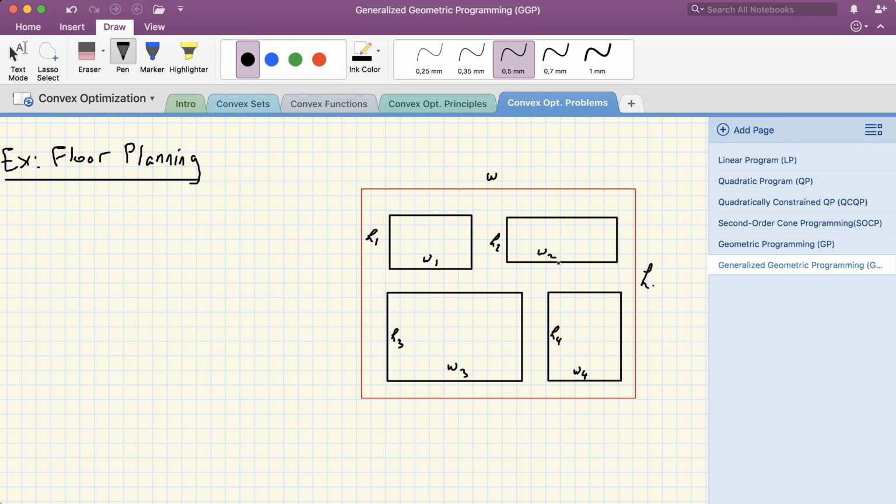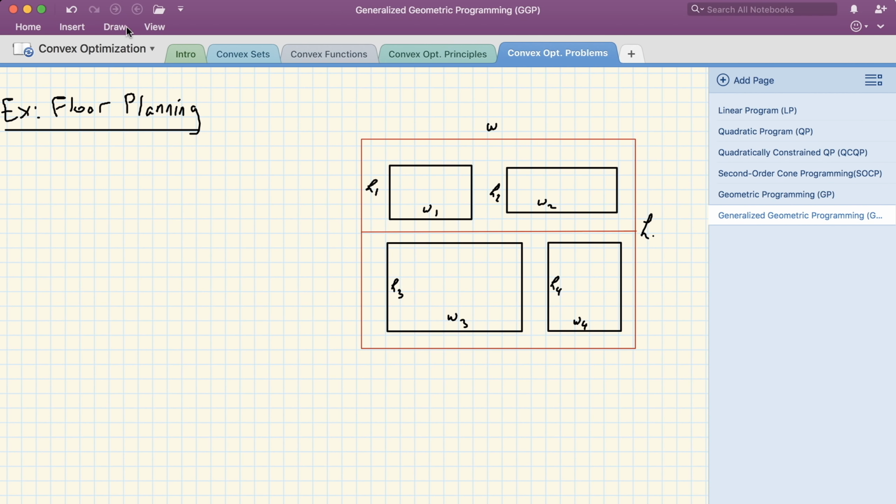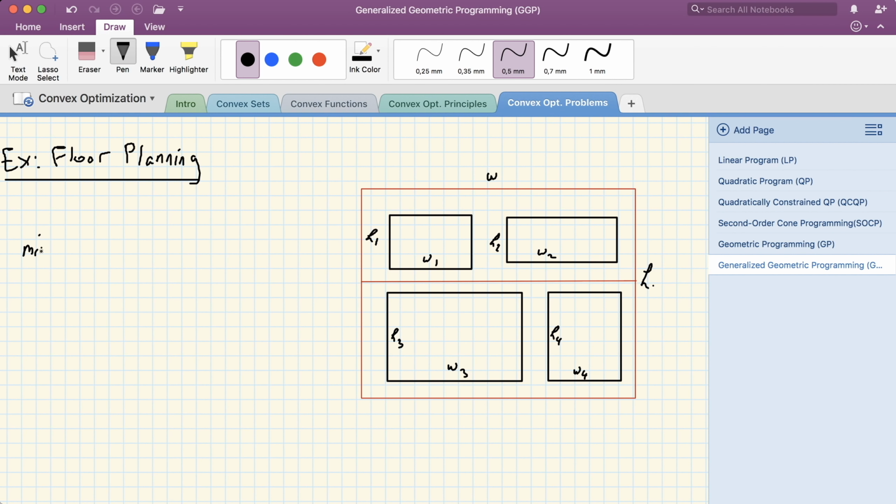Now what are those limitations? Let me draw a line here as well. So the problem here is that we want to find the minimum area that fits all the rectangles, so minimize the area HW, right? Subject to some limitations. We are given that each and every one of those smaller rectangles has a fixed, given or desired area.